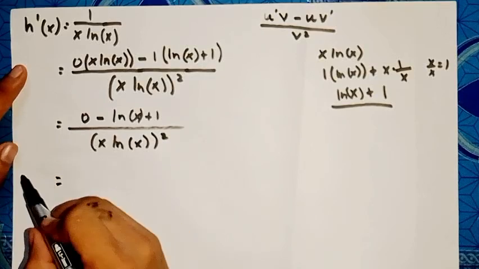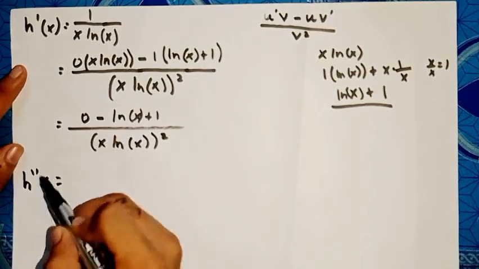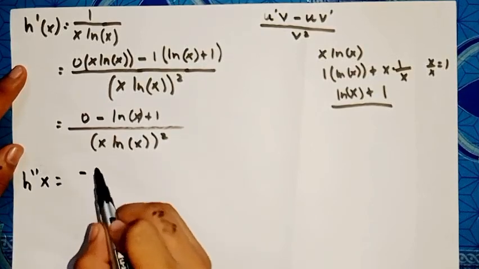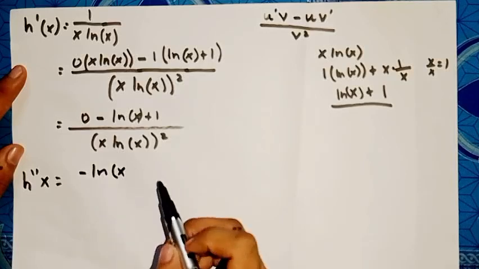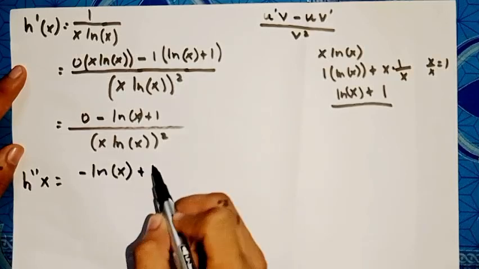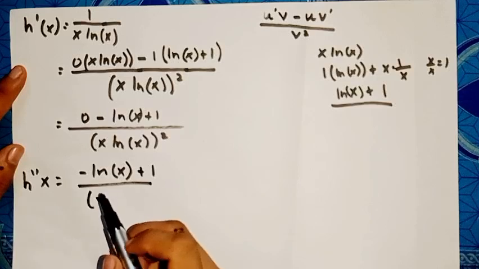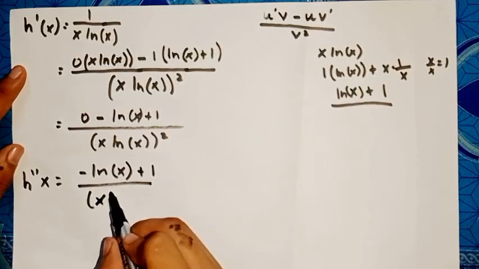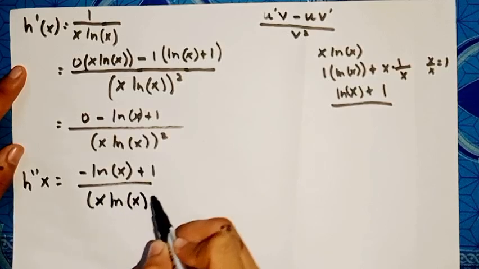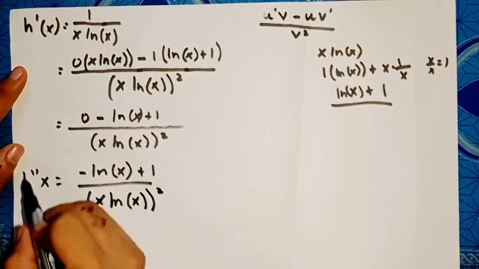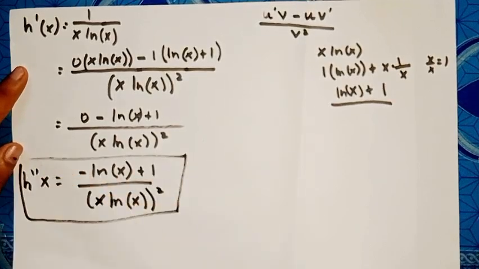So the second derivative is negative ln x plus 1 over x ln x squared. This is now our second derivative.